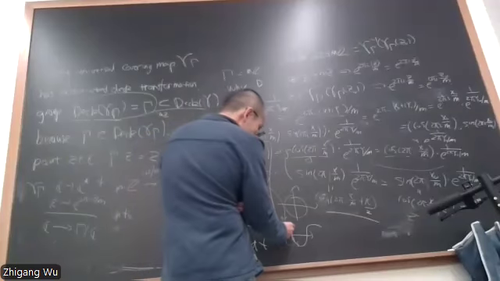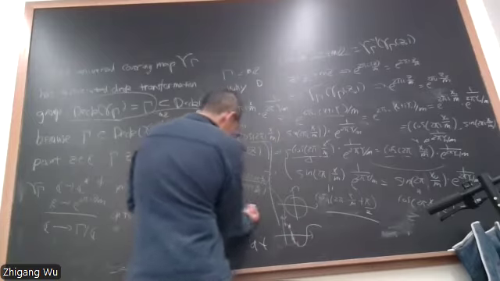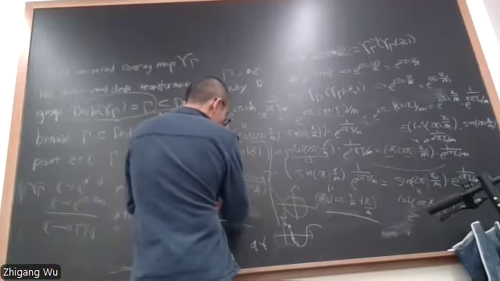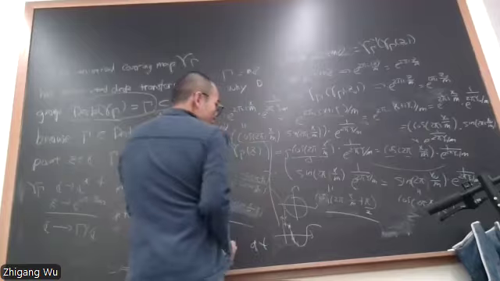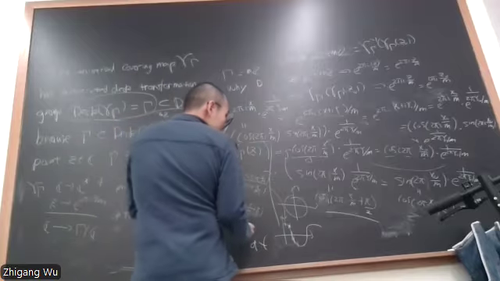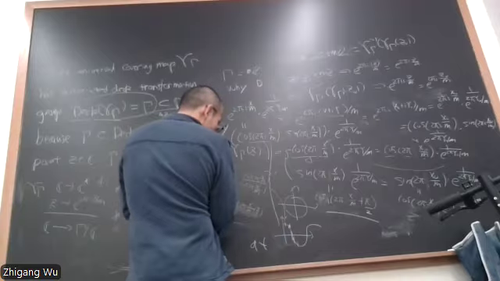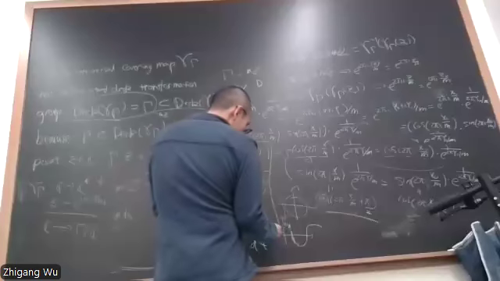Then if you add power two, this one becomes smaller, and this becomes negative.